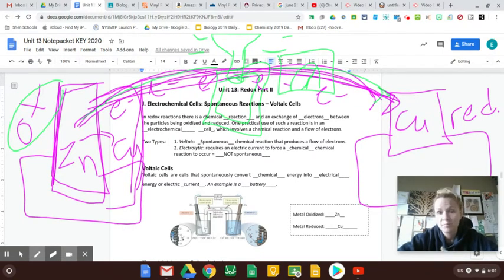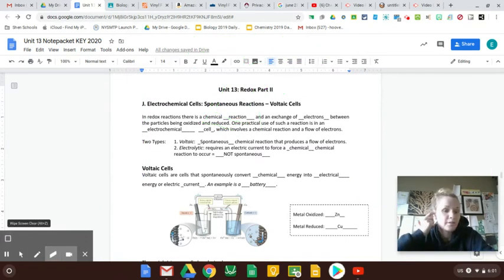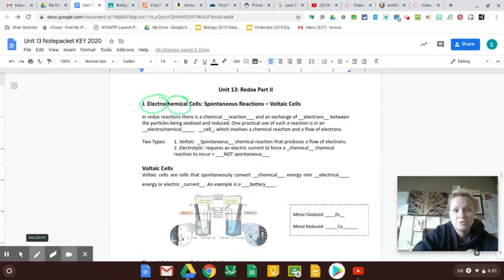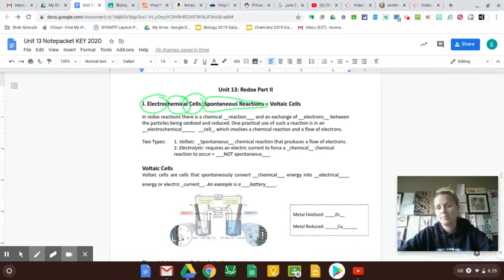That's why we're doing this second part of the unit, and it is called electrochemistry. It's electrochemical cells. So it's electricity, electro, from chemistry, out of little cells. These are spontaneous reactions because we want your battery in your phone to work spontaneously. You don't want to have it always plugged into a power source.